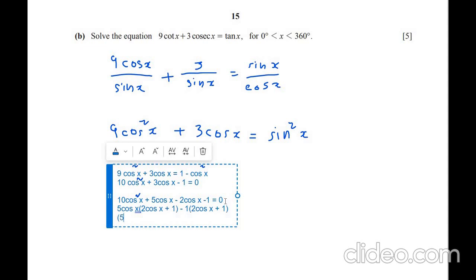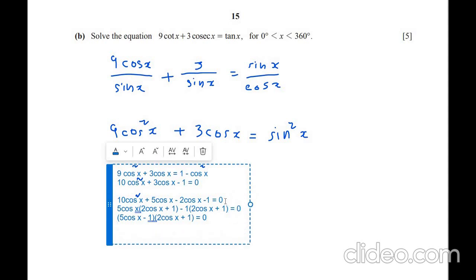So that will end up as 5 cos x minus 1 and 2 cos x plus 1 equal to 0. And then cos x is going to be 1/5 or negative half.